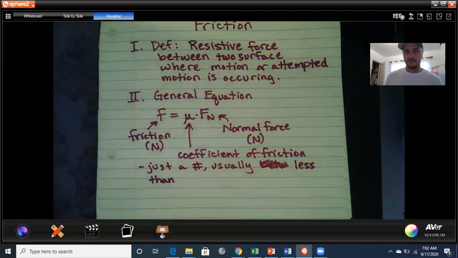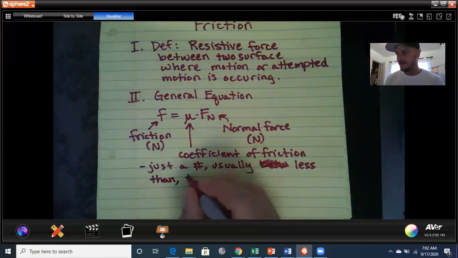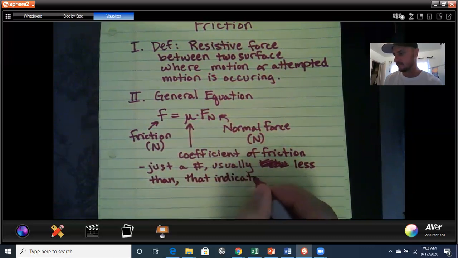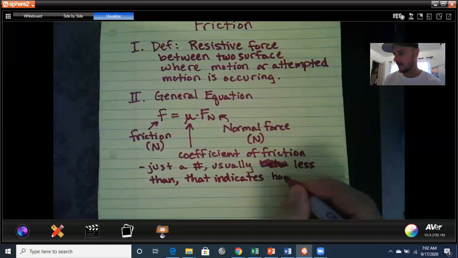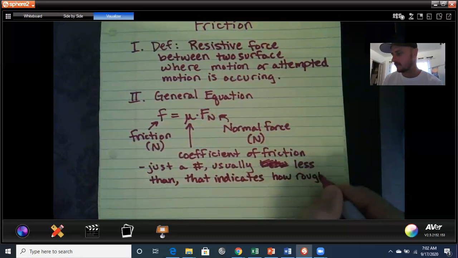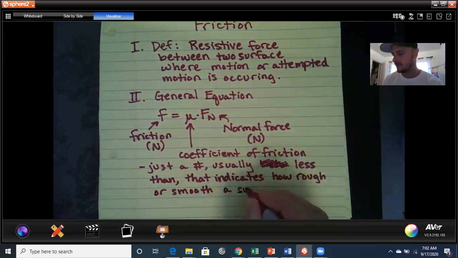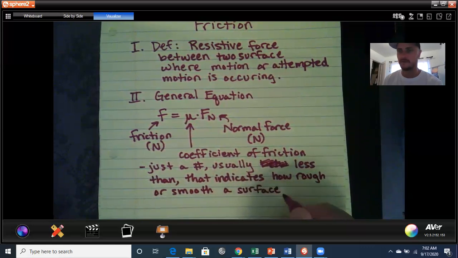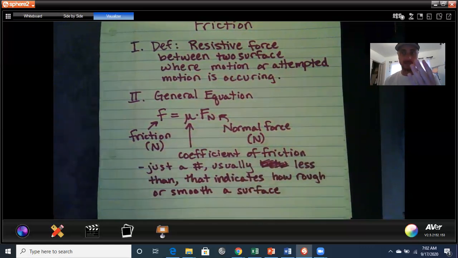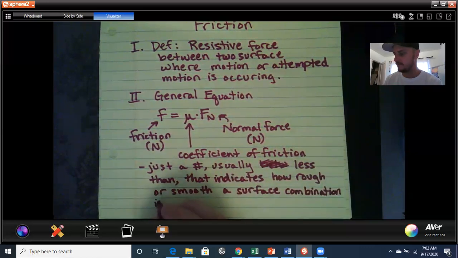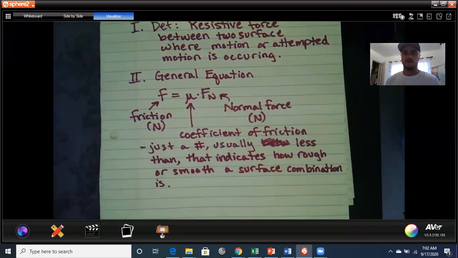Just a number usually less than 1 that indicates how rough or smooth a surface combination is. And when I say a surface combination, I mean two surfaces that are touching each other, right? A surface combination is, period. There we go.